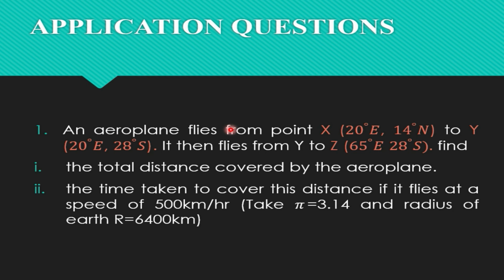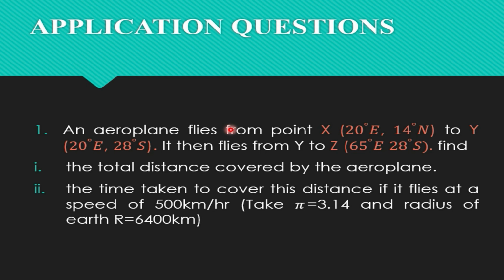Then it flies from Y to Z. After it has reached Y, it flew to Z, which is at 65 degrees east and 28 degrees south. So when it gets to Y, they are now on the same latitude, but on a different longitude.